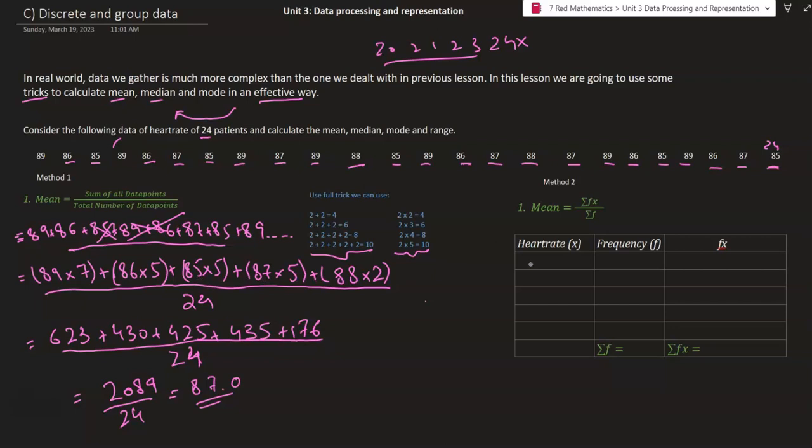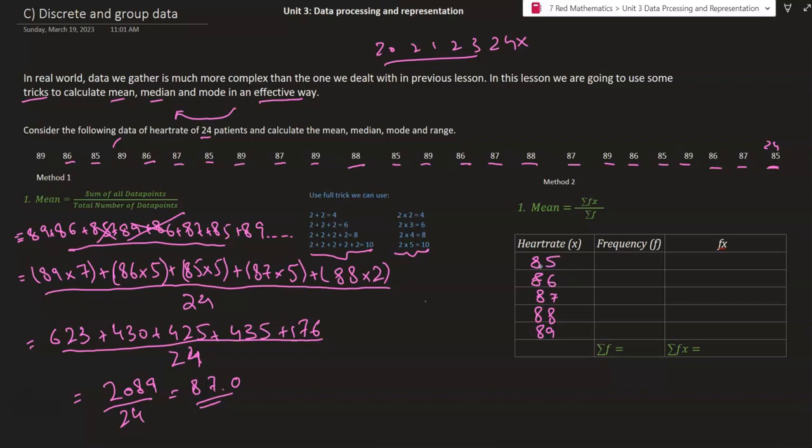The lowest value is 85, then we have 86, then 87, 88, and 89. So these are the unique values.